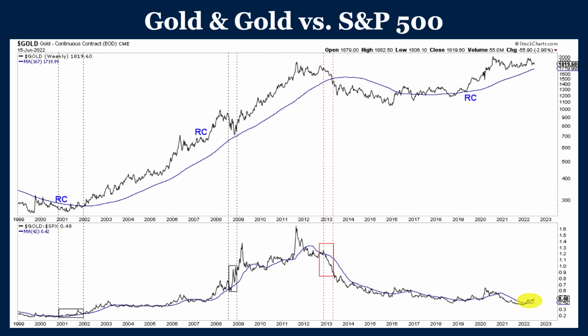So let's circle back and look at some history. 2001, you can see the box there. Gold against the S&P bottomed before gold did. Gold bottomed March of 2001, I believe, depending on whether you use the daily, intraday, or weekly.